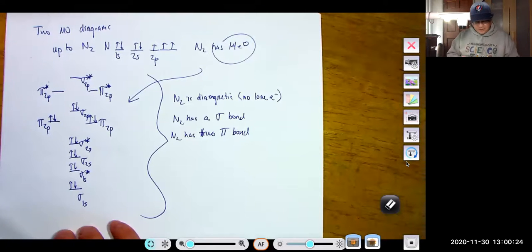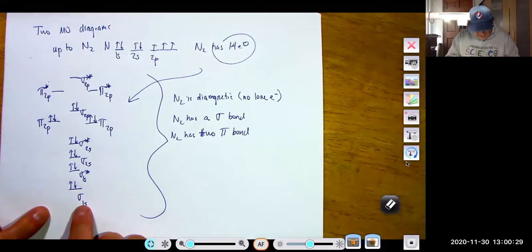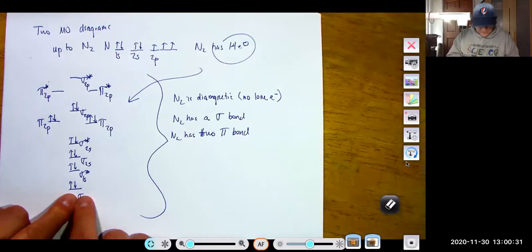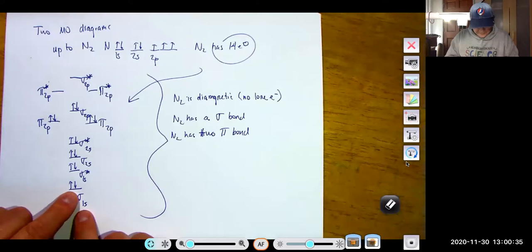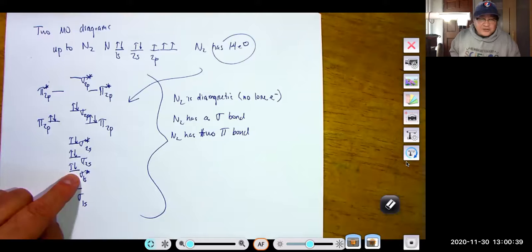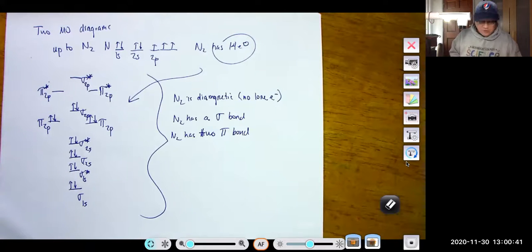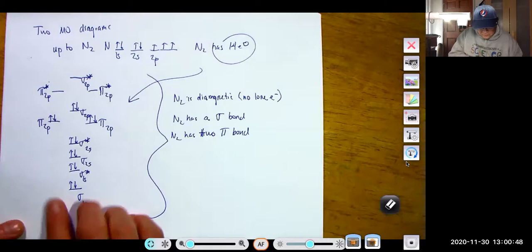If you have 2 electrons in a bonding orbital, that counts as a bond. So do you see this here? This is a single bond. 2 electrons in an anti-bonding orbital cancel 2 electrons in a bonding orbital. Do you see these 2 electrons? They cancel these 2, so no bond.